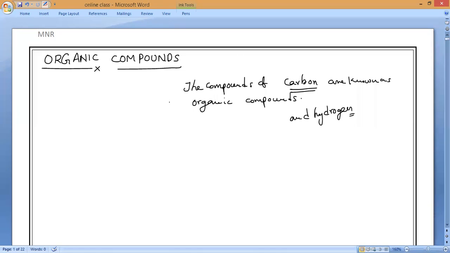Now, in organic compounds, remember some non-metals may also be present. Very few organic compounds contain a metal along with the carbon and hydrogen.